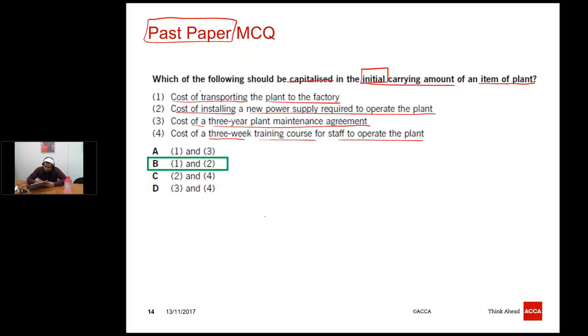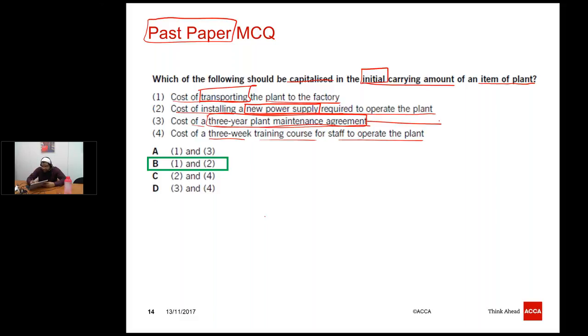Because the cost of transportation is a directly attributable cost, and without transporting the plant to the factory, we cannot use it. And without a power supply, we cannot use the asset. The cost of a 3-year maintenance agreement is something else.